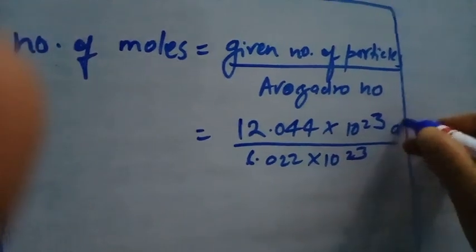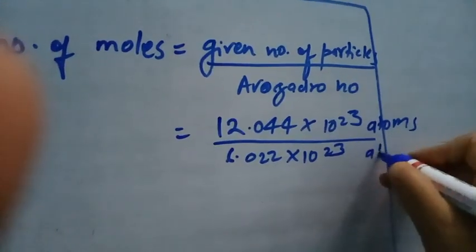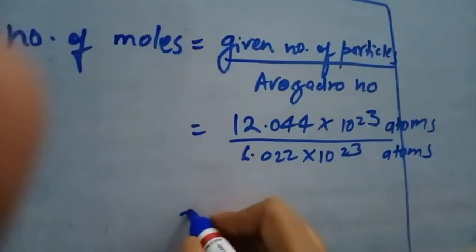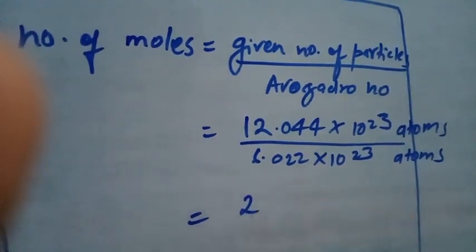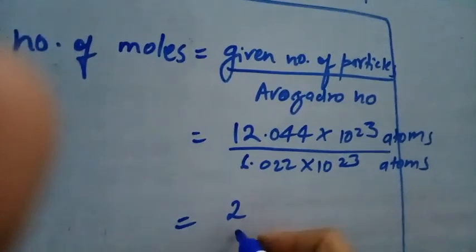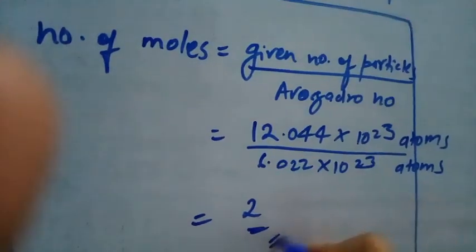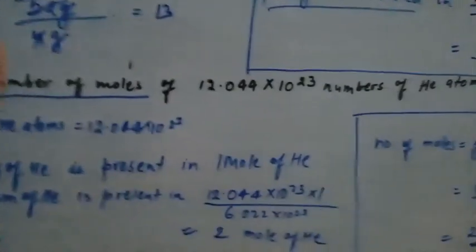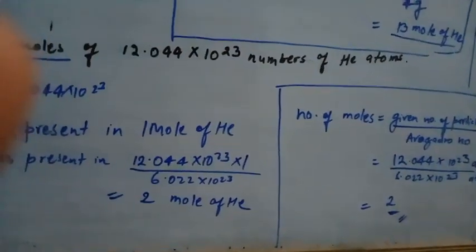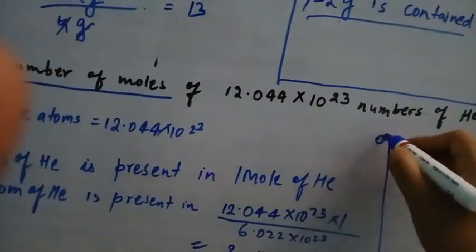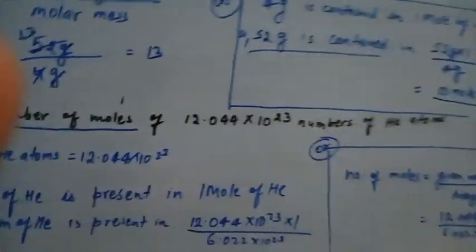Okay, these are atoms here. So we will get 2. So here number of moles is equal to 2. So the answer is 2. Like that we can solve this question by both the methods.